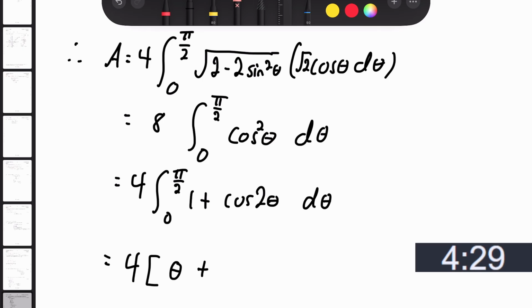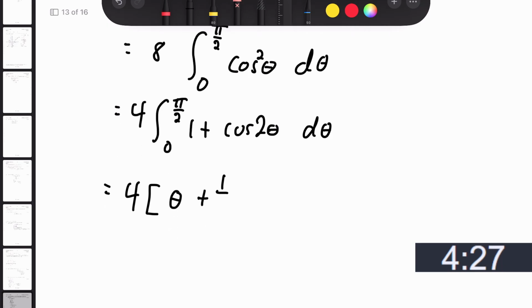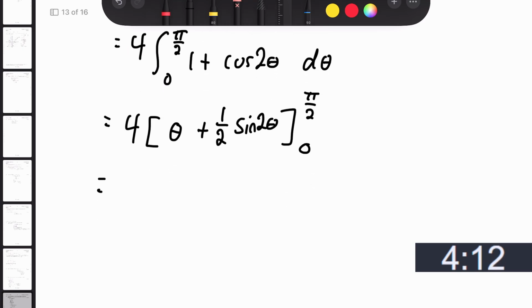This will be theta plus 1 on 2 sine of 2 theta, from pi on 2 to 0, which would be 4 of pi on 2 plus 0 minus 0 and 0.